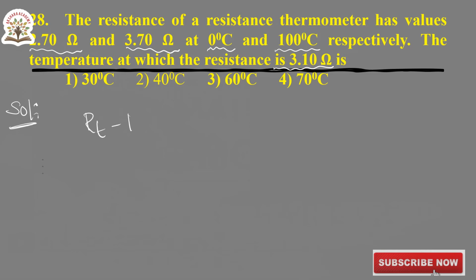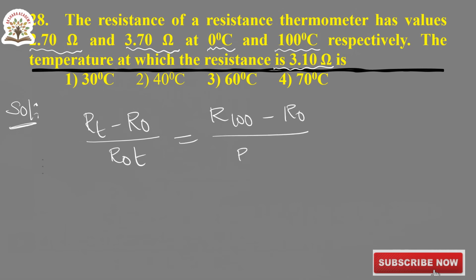(Rt minus R naught) by R naught into T equals (R100 minus R naught) by R naught into 100. R100 is the resistance of the thermometer at 100 degree centigrade and R naught is the resistance at 0 degree centigrade.